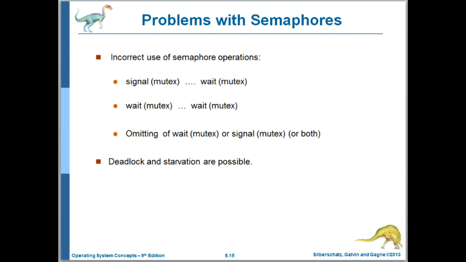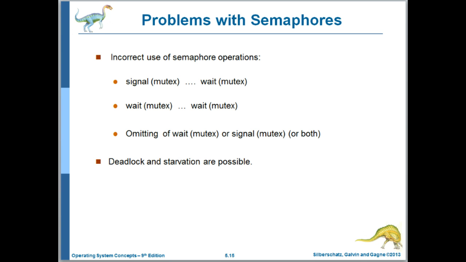So here are problems with semaphores. These first three result from the fact that semaphores are primitive, available to user programmers, and as we all know, programmers make mistakes from time to time. So the first one is a reversal of the signal and wait.